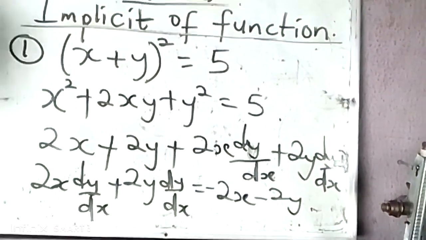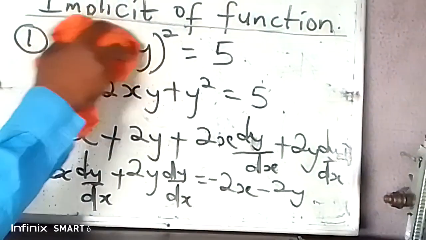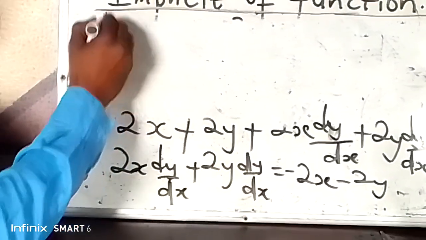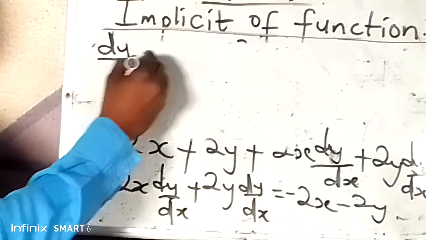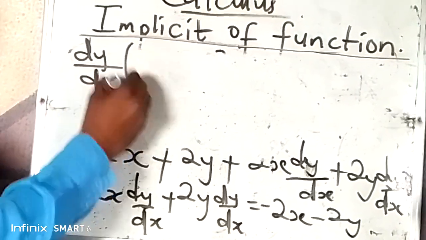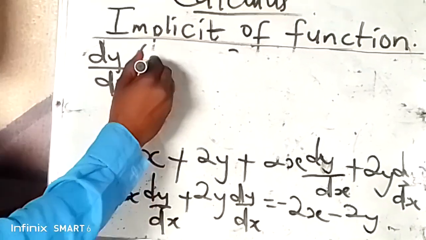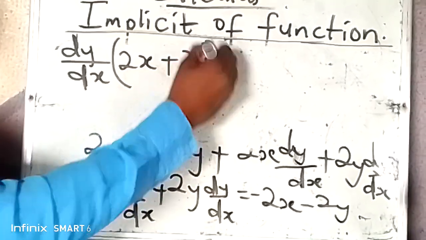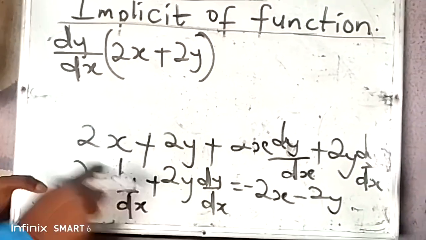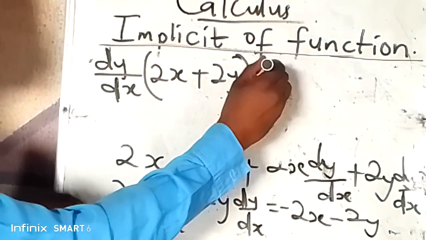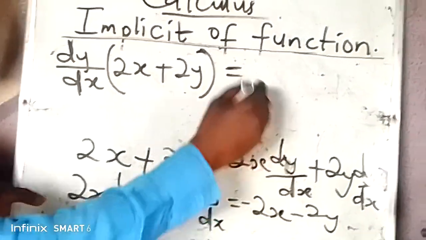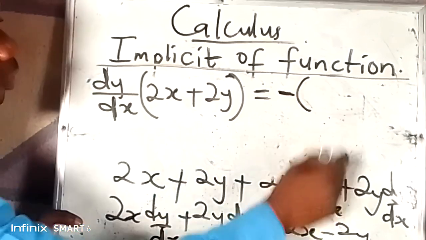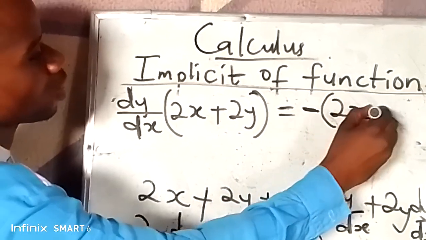So what's the next thing to do? Just say dy dx into bracket, so I have 2x plus 2y. The dy dx is common, equals minus, open bracket, 2x plus 2y.